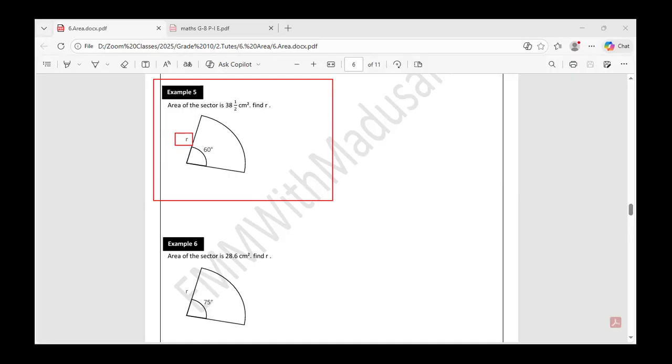No need to go for decimal places. Keep your answer right with the square root, doesn't matter. And you know how to find the value of any answer with the square root as well.